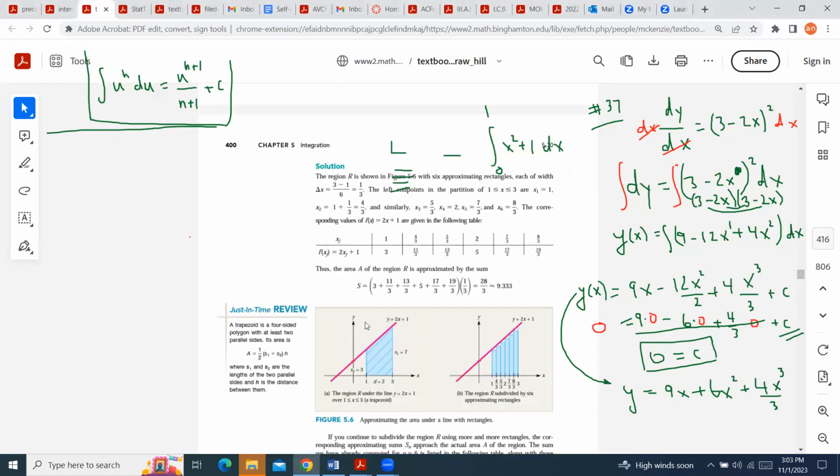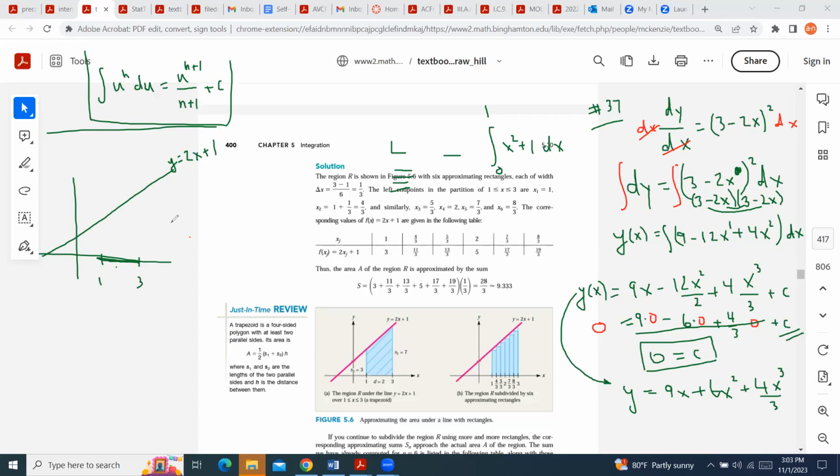Let's say here's one for the figure 5.6 that we can actually calculate as the area. Notice that here we have 1, 2, 3. So it looks like the bottom of this will be 2, right? And the height of this is coming from an equation, a line equation, which is y is equal to 2x plus 1.